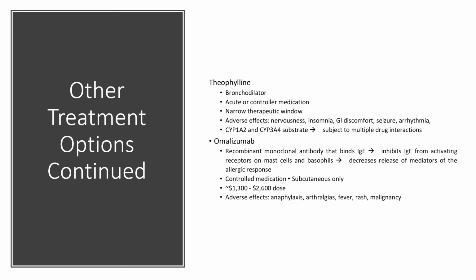I mean, these things are really finding people who have autoimmune disorders that these biologics are incredibly effective, but they are also incredibly expensive. And they can cause anaphylaxis, arthralgias, fever, rash, malignancy. It also makes you more prone to developing infection. But they have really changed people's lives. They're that effective.